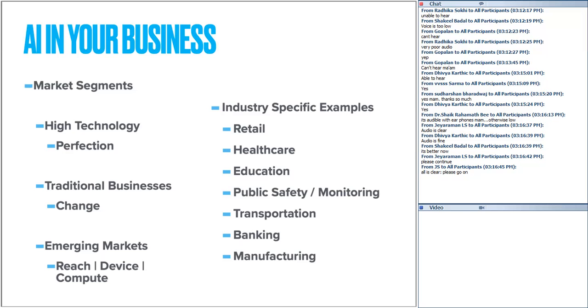Now, second, when we talk about traditional businesses, where change is a big point to consider when we talk about any kind of digitization or using AI, say banking industry, legal industry, healthcare. Healthcare is not new, right? People have been taking help of healthcare experts ever since.